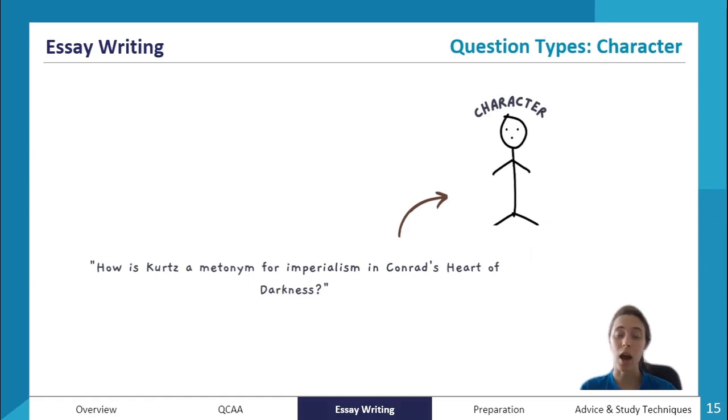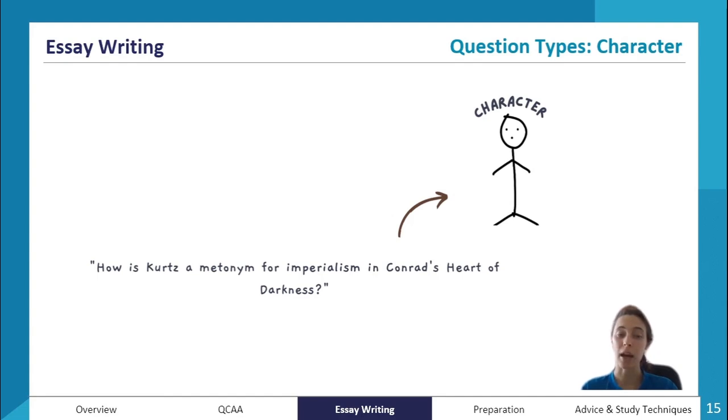Character question type. So this is similar in a way to our relationship type, except it's focusing on a particular character instead of the relationship between characters. And in this case, we've got, how is Kurtz a metonym for imperialism in Conrad's Heart of Darkness?